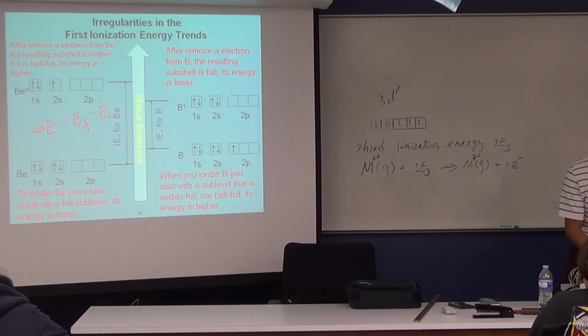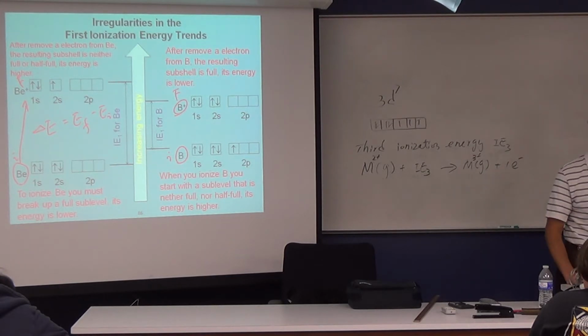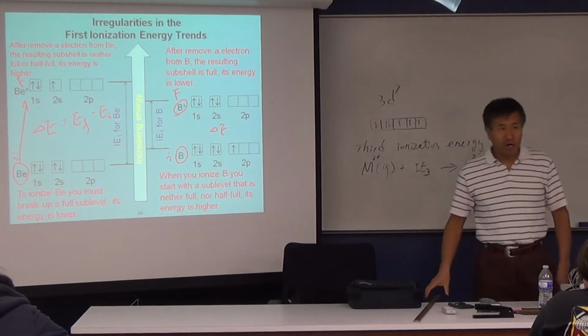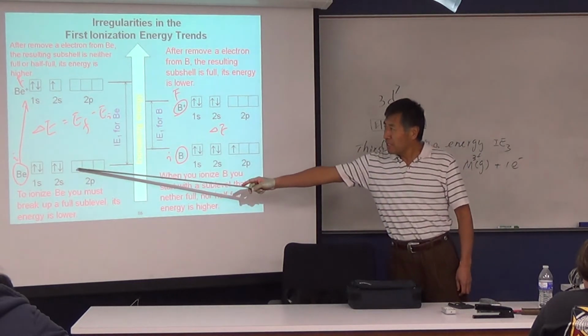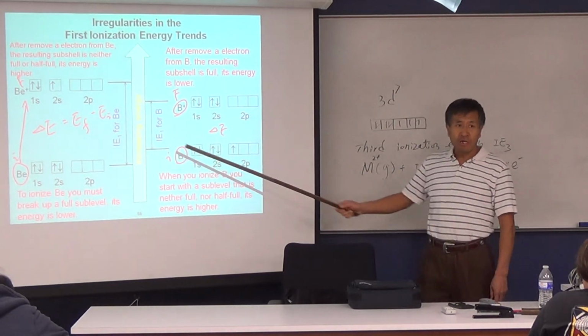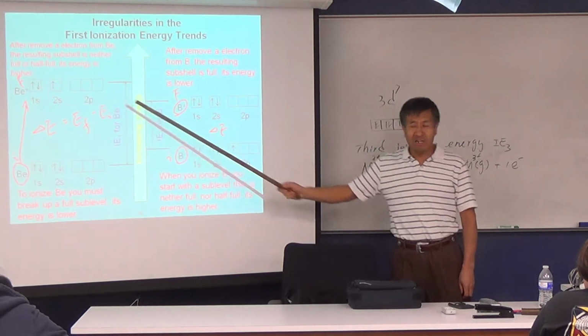Now for this beryllium process, starting from a beryllium atom becoming a beryllium 1+ ion, this is our initial and this is our final. For boron it is similar: this is our initial, and this is our final. So this will be the delta E, and that will be the delta E. Then you compare the beginning with the beginning, and the ending with the ending.